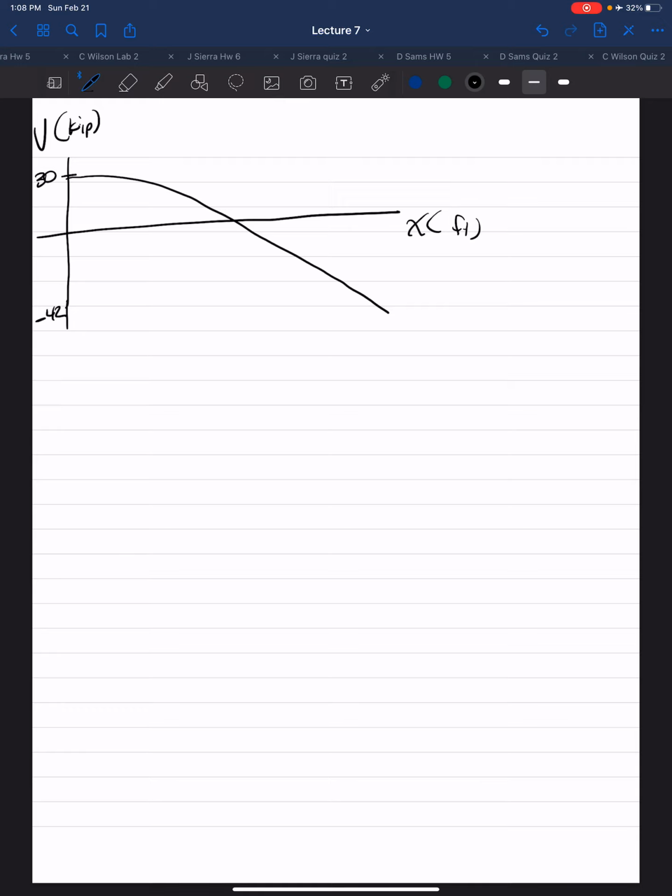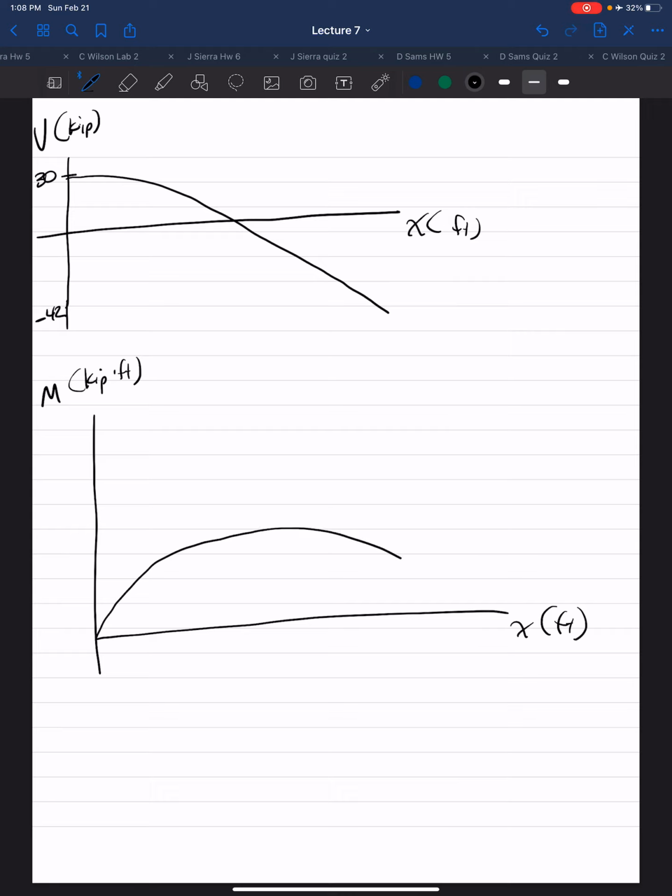For the bending moment, M is in kip feet, x is in feet. The max here is 163 kip feet.